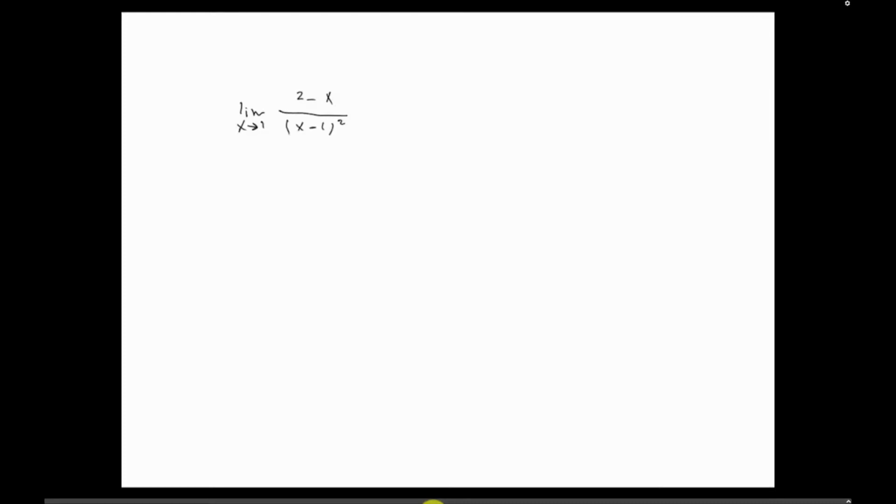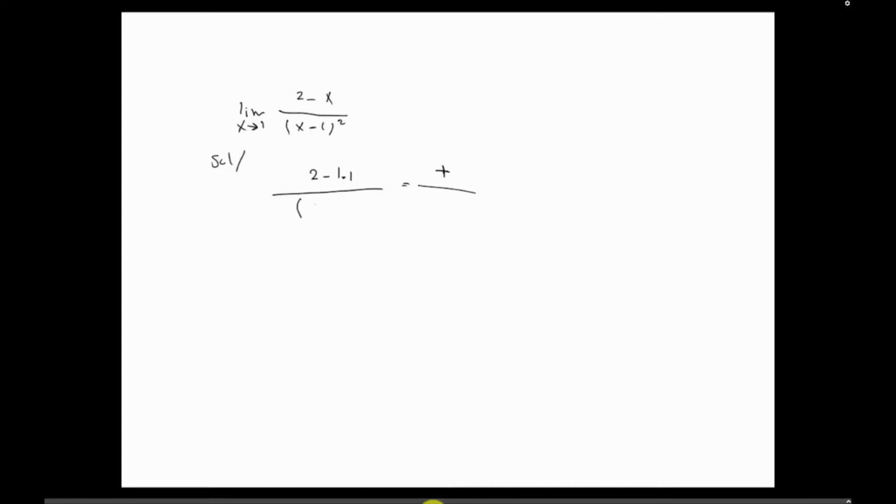We're going to do the same. We're going to get closer to 1. So what we're going to do is substitute the value of x as 1.1. So we're going to get 2 minus 1.1, but as you guys see, the numerator is always positive.